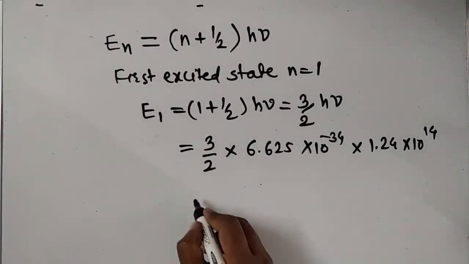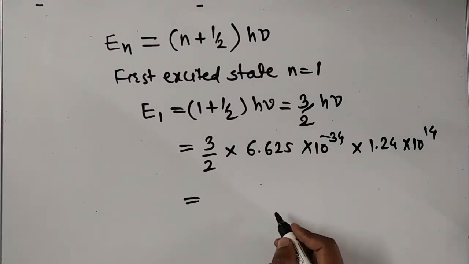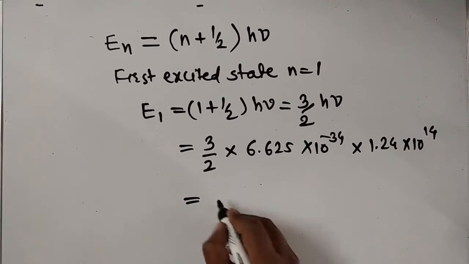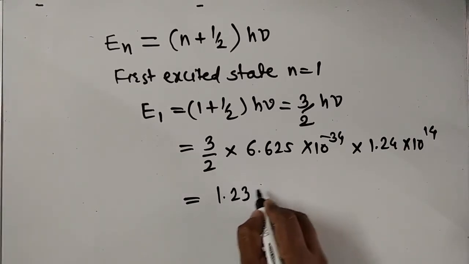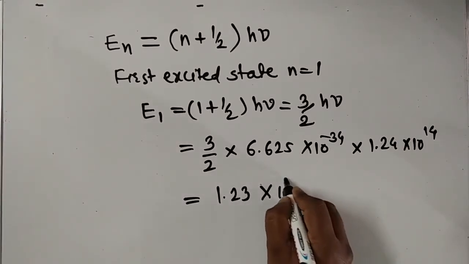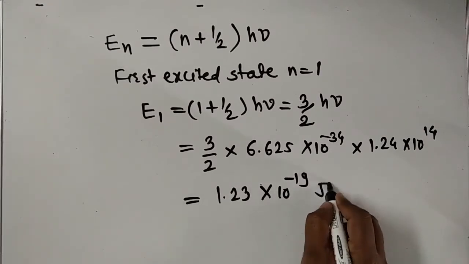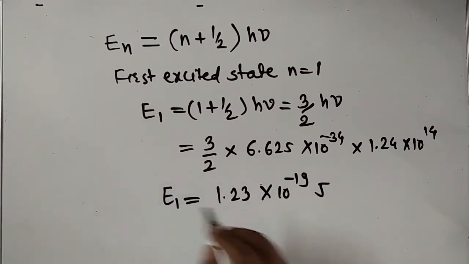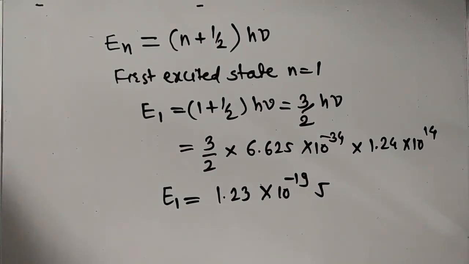So we can calculate, and that value comes out to be closer to 1.23 into 10 raised to minus 19 joule, right? So this is E1, right? Again, if you want to convert this quantity into electron volt, so we can just divide it by 1.6 into 10 raised to minus 19, right?